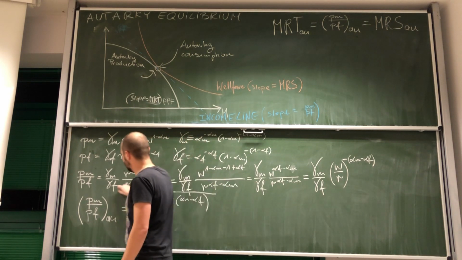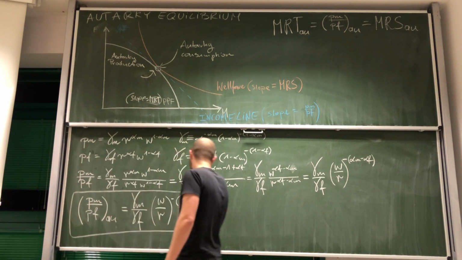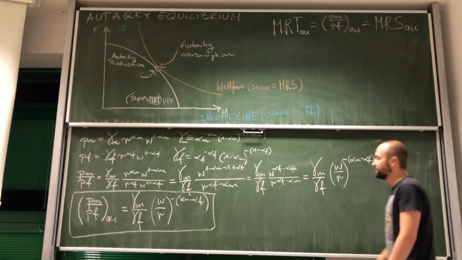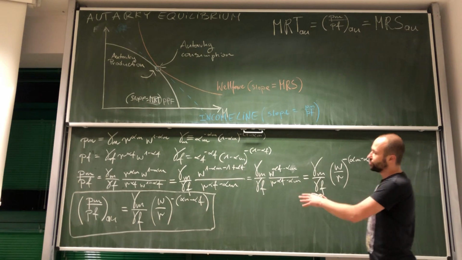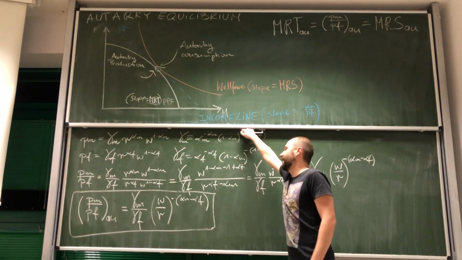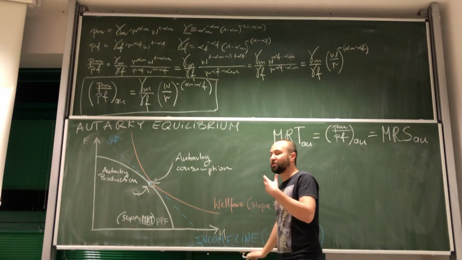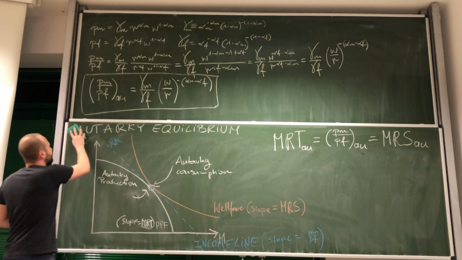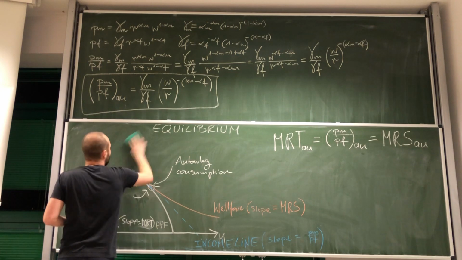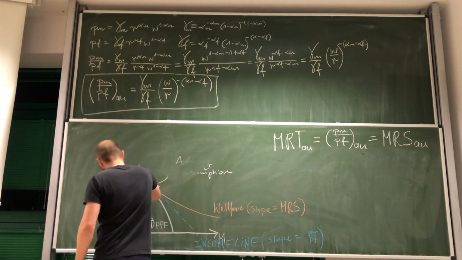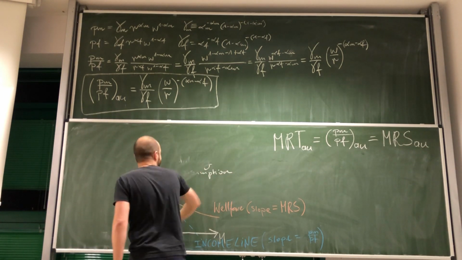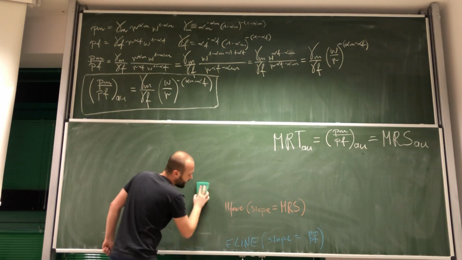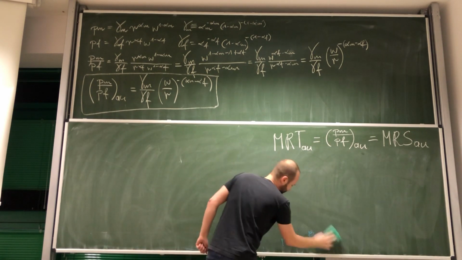Okay, and this result will prove very important to us because it will allow us to connect changes in capital to labor ratio, wage to rent ratio, and ratio of the two prices.